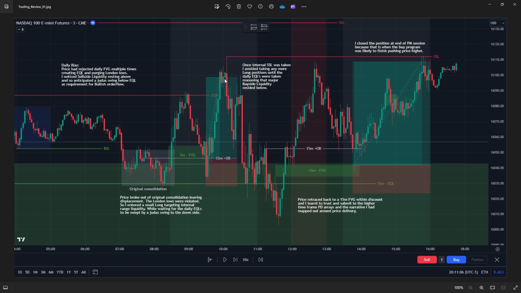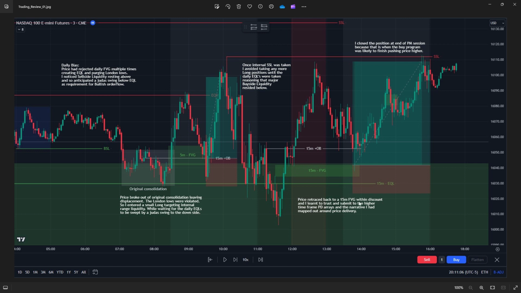So being a buyer would no longer be valid until these lows were taken. Once internal sell-side liquidity was taken, I avoided taking any more long positions, which of course I didn't do. Of course I did put on a long position, got stopped out, and that was a loss, until the daily equal lows were taken, reasoning that major buy-side liquidity resided below, which it did.